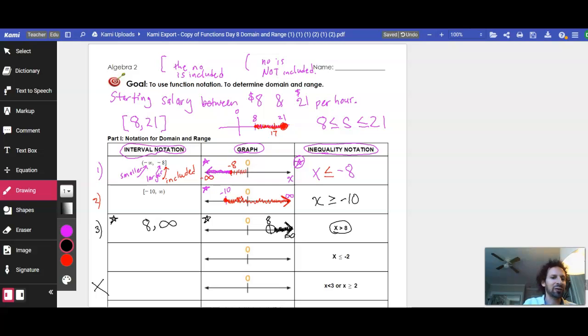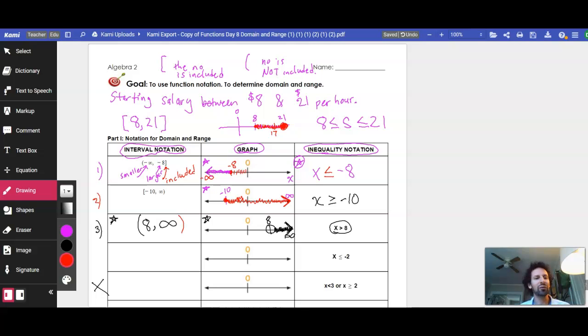So we do an open parenthesis. And with infinity, we always use parentheses, because infinity is not a value. It's a symbol for an ever-increasing quantity. It's not an actual number, so you can't ever get to infinity. We use the parentheses because infinity cannot be included since it's not an actual value.